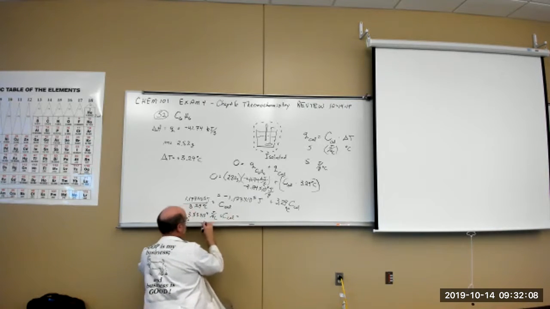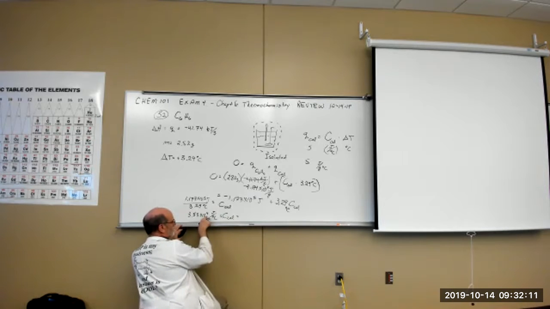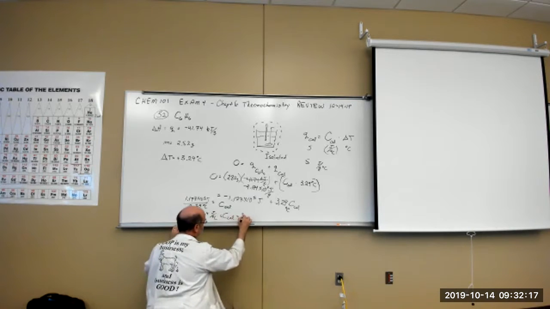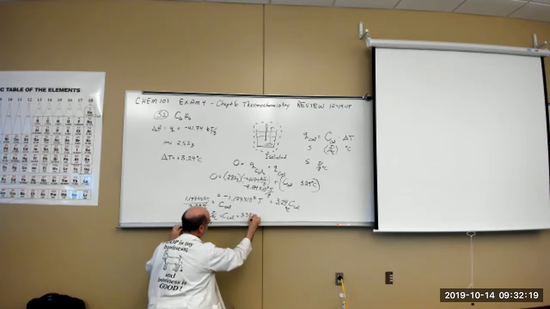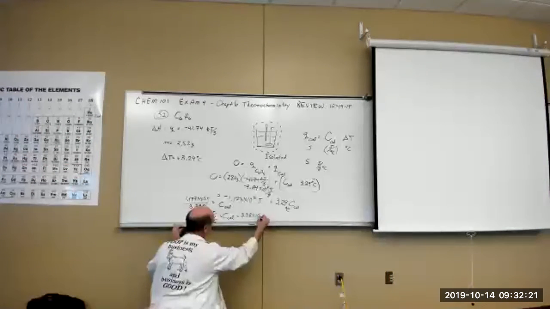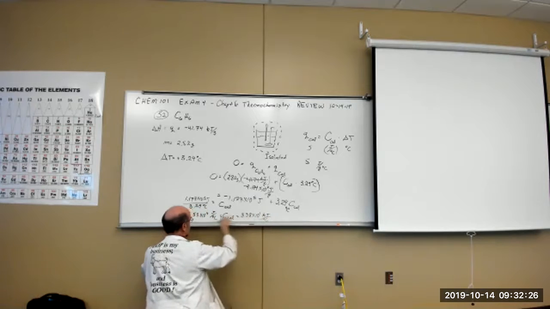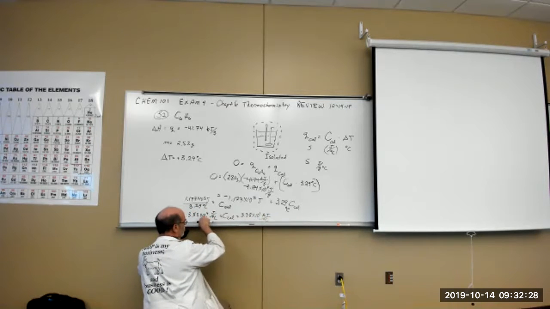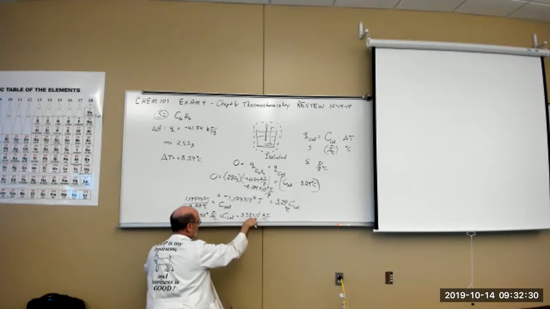So what would that be? Take 10 to the 3rd here and put it right there as a K. Right? So I took 10 to the 3rd out of there. That left 10 to the 1st behind.